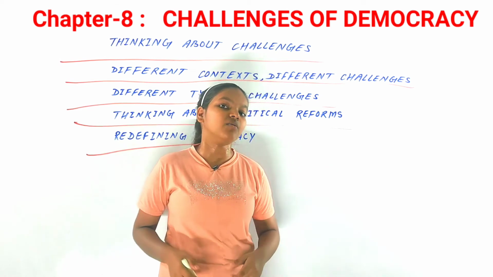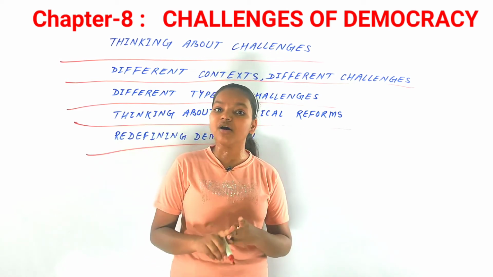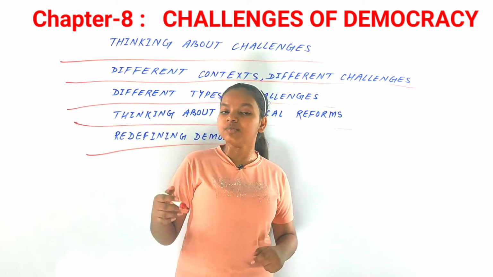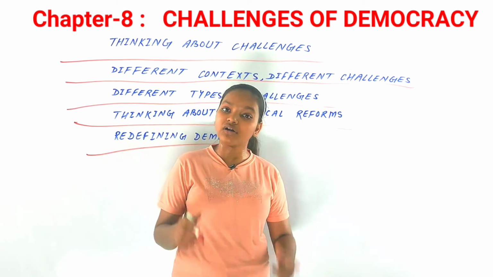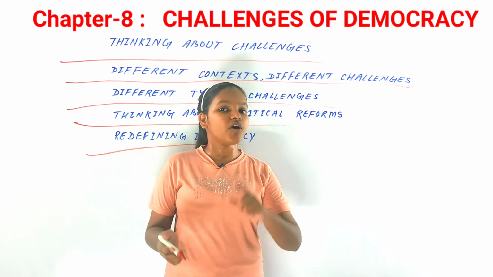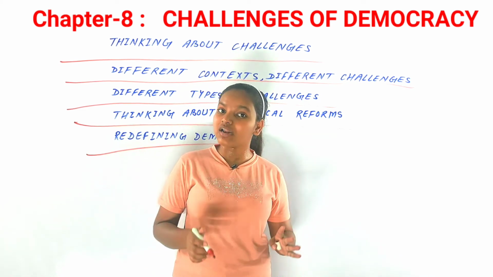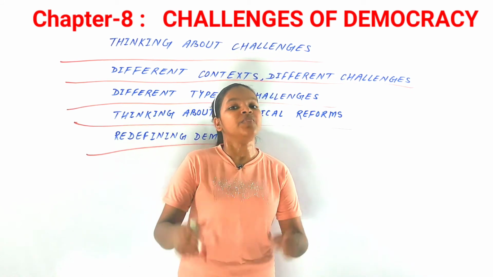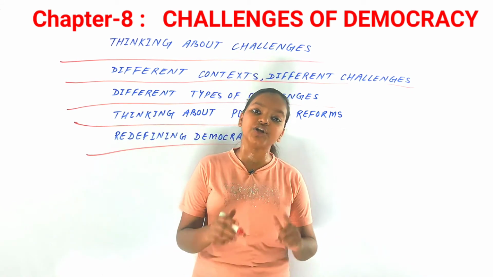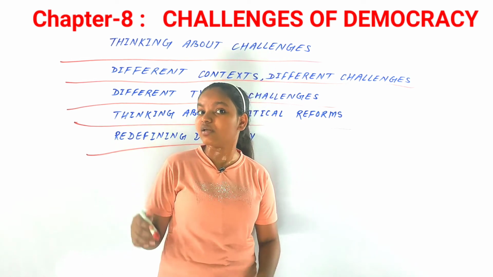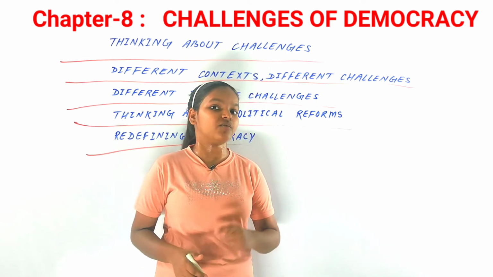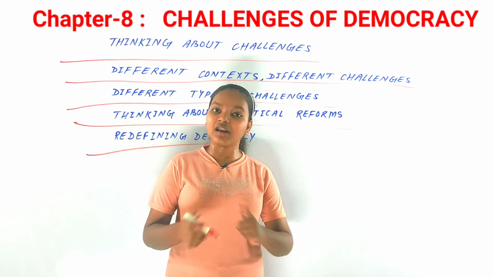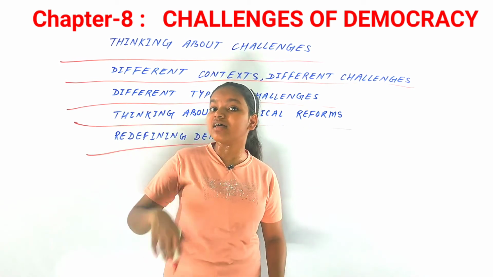Majority does not just mean a majority of religion or ethnic or linguistic groups. The voice of the minority is as important as the voice of the majority in any democracy. We also saw that power sharing is a very important element of democracy, and we saw local government, central government, federalism, and decentralization.